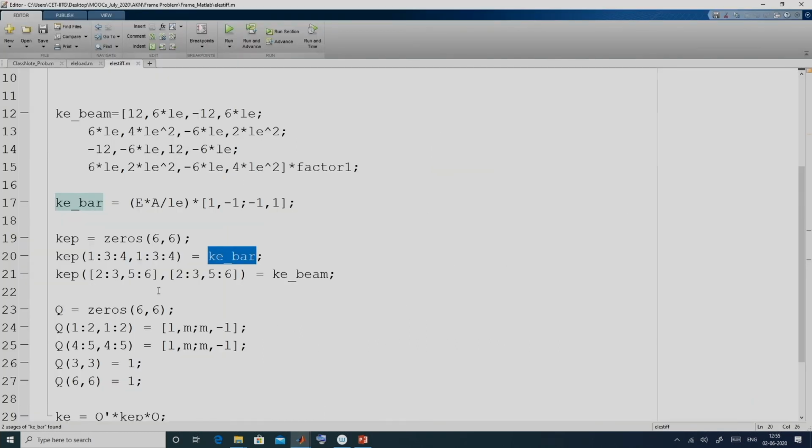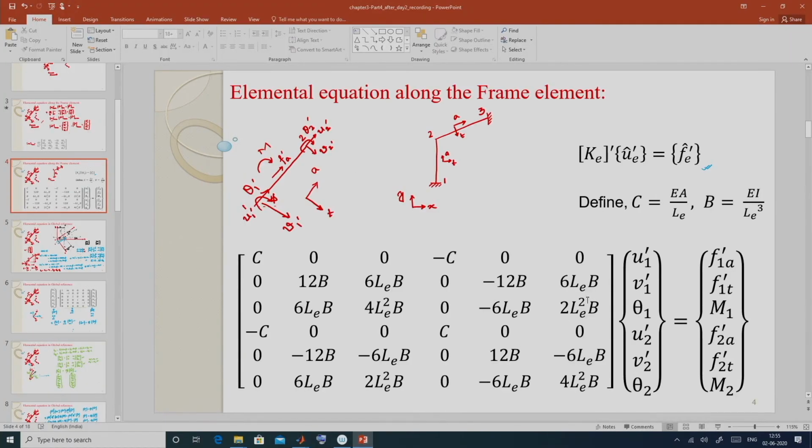And 2 3 5 6, they are the respective beam degrees of freedom V1 prime, theta 1, 2 3, V2 prime, theta 2, 5 6, and the respective K beam is entered in the 2, 3, 5, 6 locations of the combined matrix.